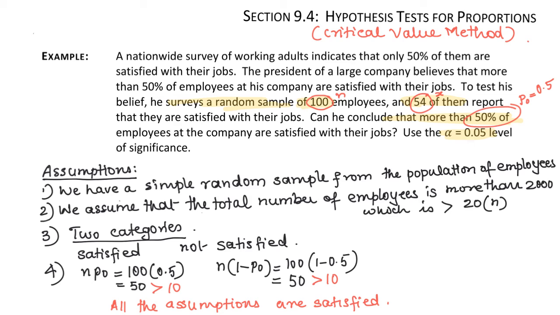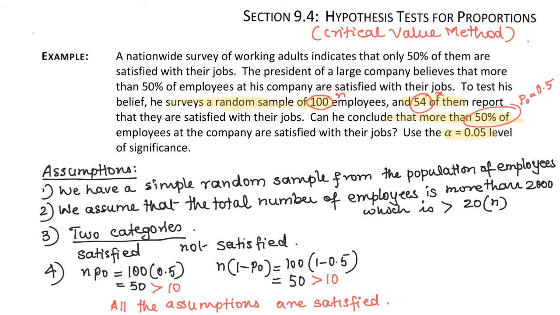The population is divided into two categories: the employees who are satisfied with their jobs, and the employees who are not satisfied with their jobs. And if you calculate n times p naught and n times 1 minus p naught, both are greater than 5. So all the assumptions are satisfied.